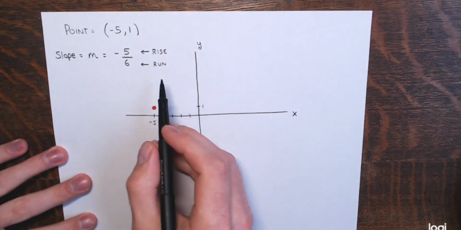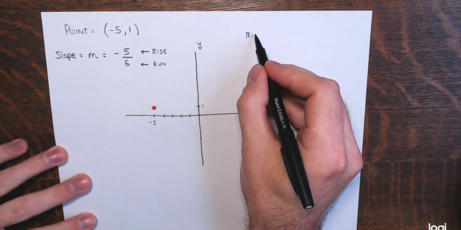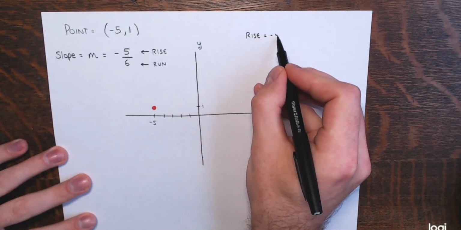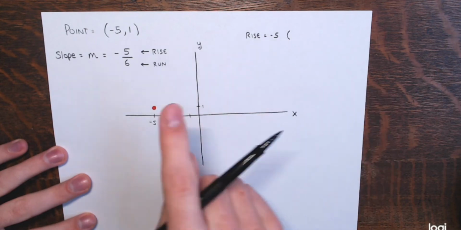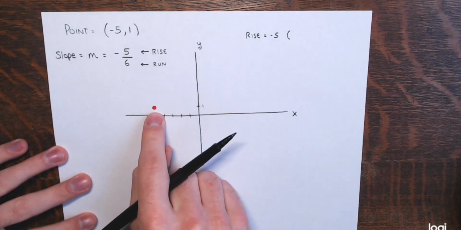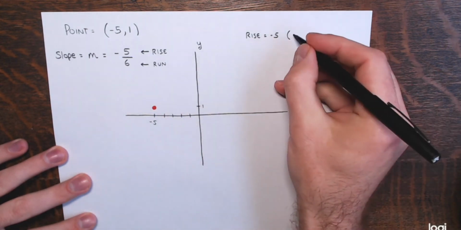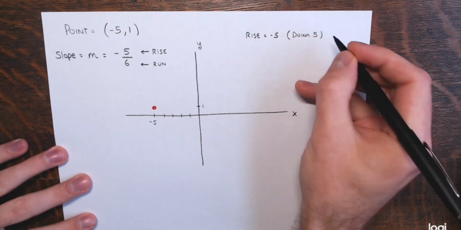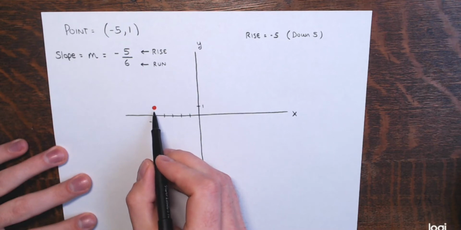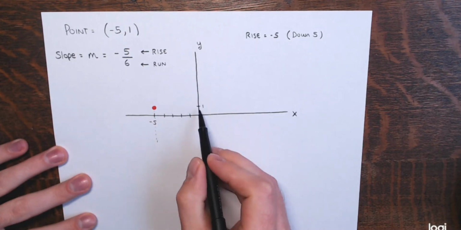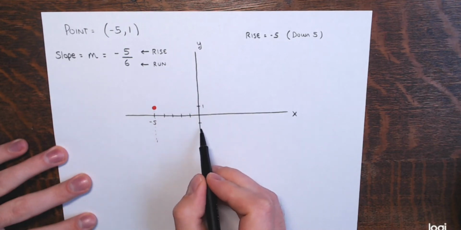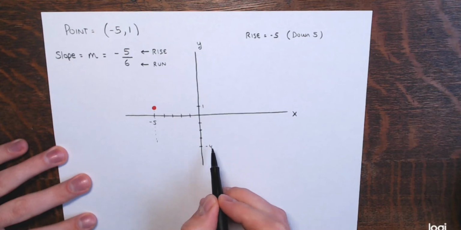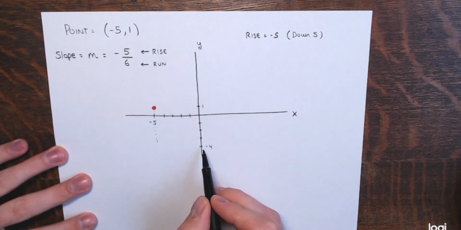So the rise, I'll call negative 5. That just means if I want to move from one point to another on this line, I can start off by going down 5. Alright, so from here I go down 5 units. So from y equals 1 to y equals negative 4. Just subtract 5 from the y coordinate.